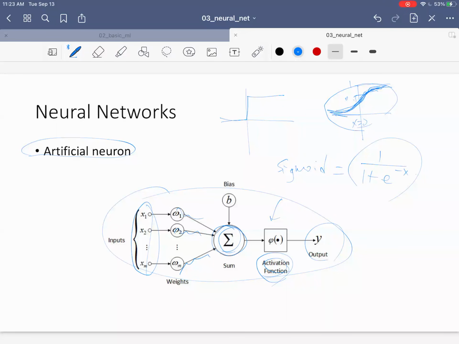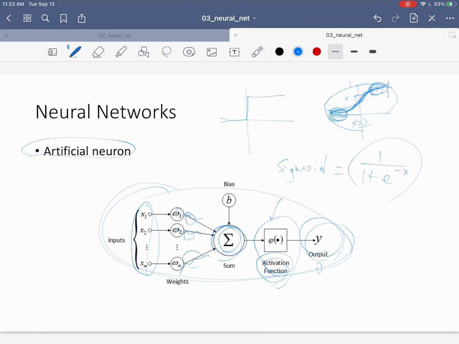But we want to use a bit smoother threshold function, which happens to be the sigmoid function here. So if you imagine this being a sigmoid function, then this is kind of like an actual neuron in your brain. You get signals from a bunch of inputs, and then you sum it up, and then if it's above a certain threshold, like here, then it'll fire 1. If it's somewhere around here, it'll fire values that are close to 0.